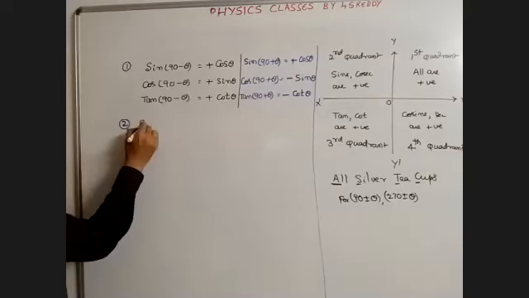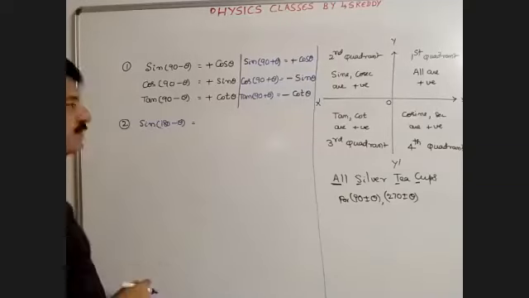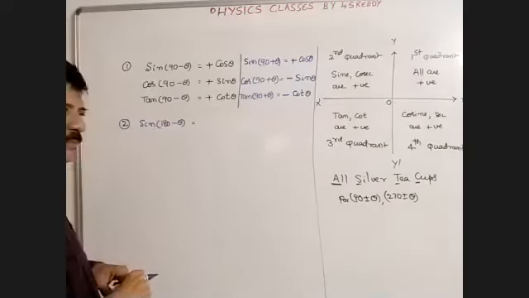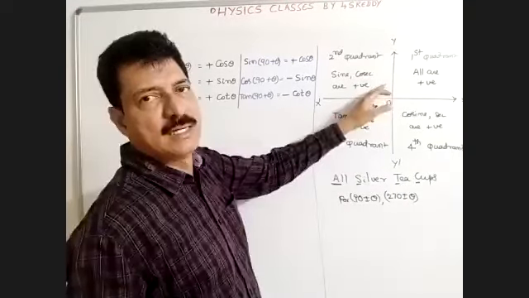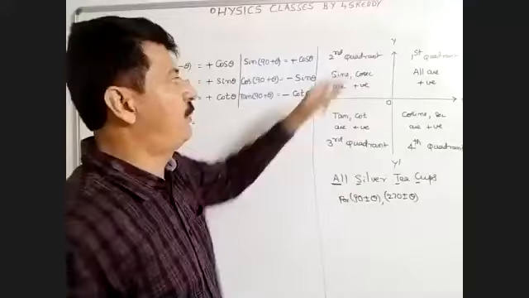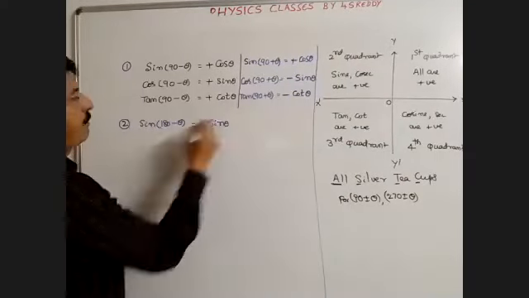Now the second one is sine(180 minus theta). 180 minus theta lies in the second quadrant. In the second quadrant, only sine is positive, but the function remains the same.